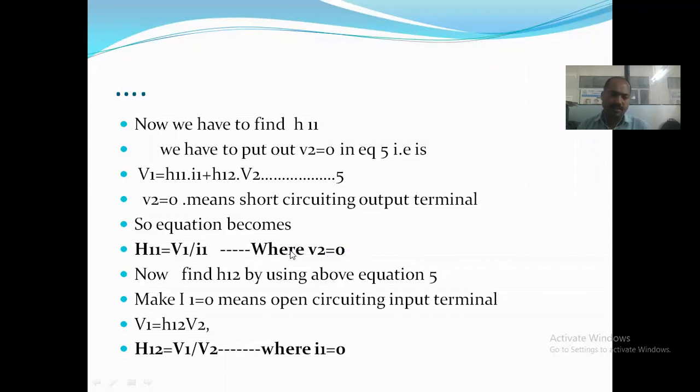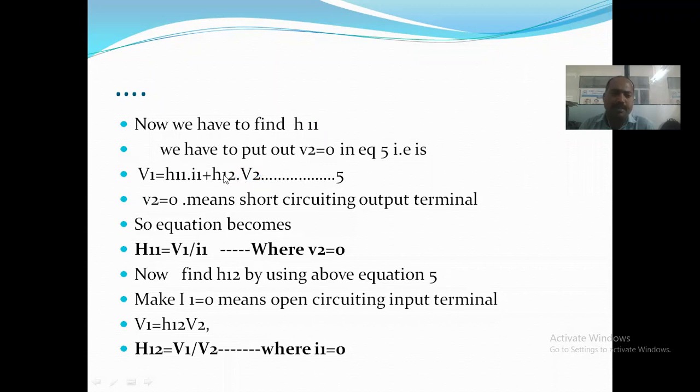हे लक्षात आलं का? इक्वेशन कसं येतंय लक्षात येतंय का? लक्षात घ्या दिलेले जे इक्वेशन आहे ना V1 चं. So with respect to the V1 equation, we know that V1 which is equal to H11 I1 plus H12 V2, right? In that equation, if we have to find any value, see, if we have to find H11, we have to make the other parameter 0. To make the other parameter 0, we use voltage or current only as 0.